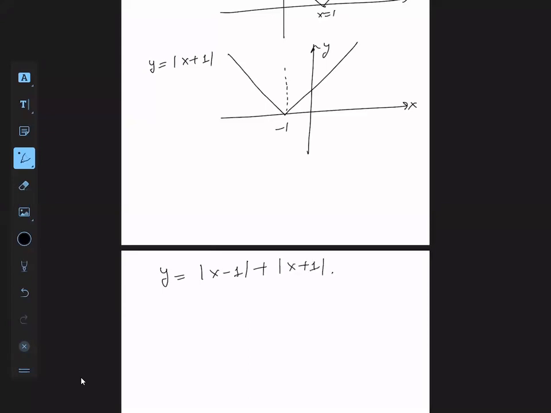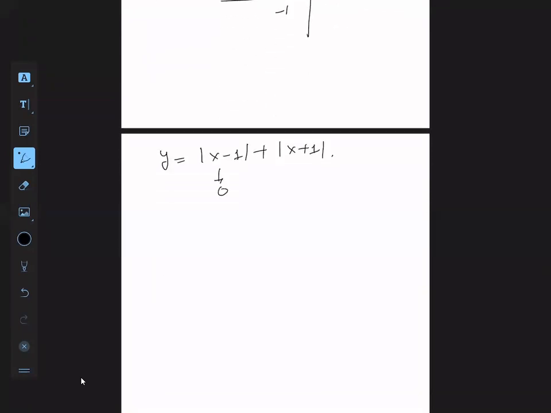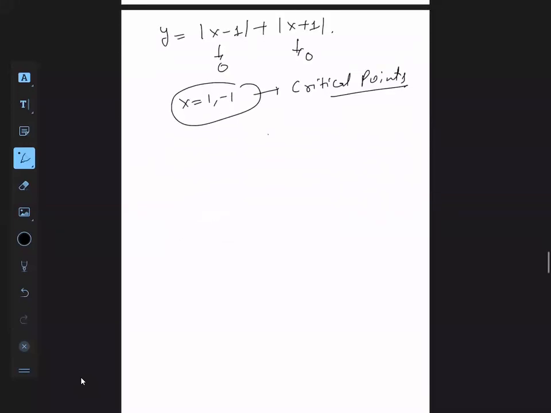Let's say I have to draw this. You just have to equate all the mods to 0. Then I will get x is equal to 1 and minus 1. So these are critical points, where the modulus is equal to 0. This is minus 1 and this is 1.